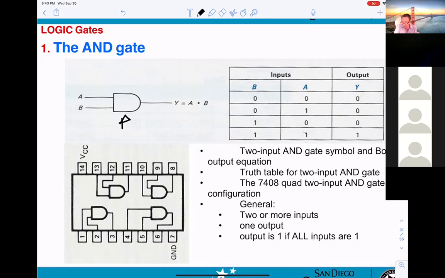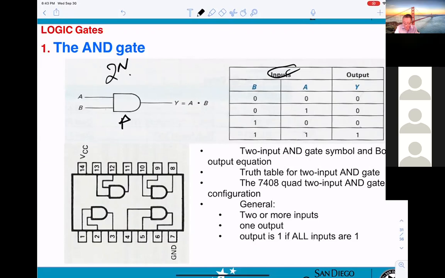And the truth table, looking at the input and output. This is the truth table. You get the input and you get the output. Now, on the truth table, if you have only two inputs, you get four combinations, using the formula 2 to the power of n.